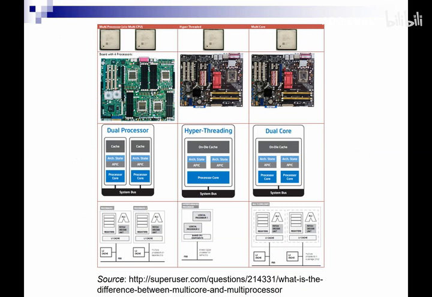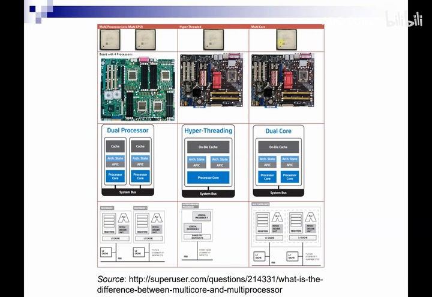This is a picture which shows all of the different architectures that we talked about. For example, here up top, we have a board which allows you to have 4 processors. Each of these squares has a processor. On the next diagram, we have a hyper-threaded processor. So it's got a single core, but this core can run several threads at the same time.